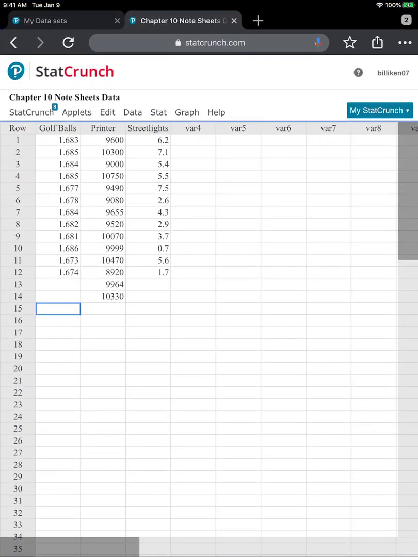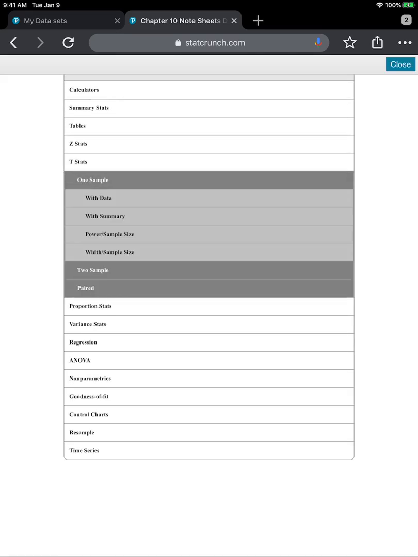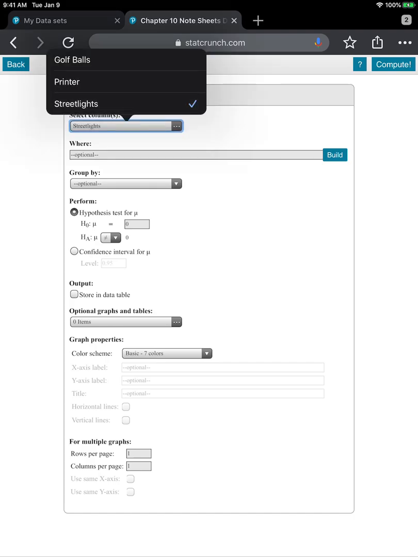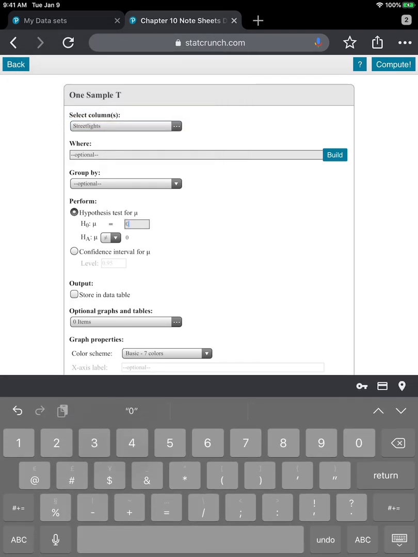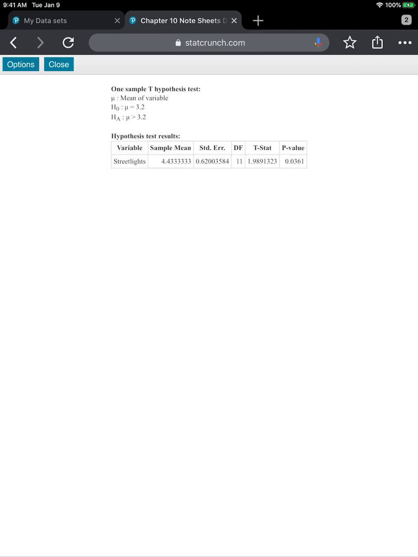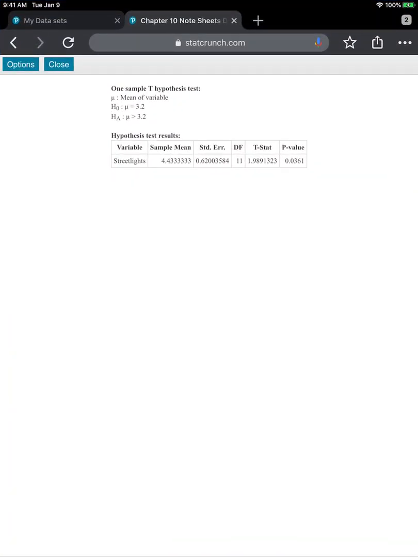So in StatCrunch, we go to Stat, T Stats, One Sample, With Data. Choose the data you want, which is streetlights. Put in your hypothesis. So my hypothesis is that mu equals 3.2, and my alternative is that it's greater than 3.2. And we hit Compute. And we get a p-value of 0.0361.